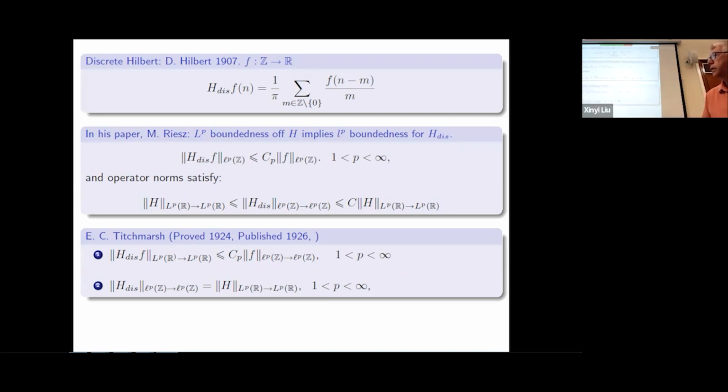The following year, Titchmarsh proved, by taking Marcel Riesz's proof and turning it around, the discrete version first. And then he concluded, by some other argument, that in fact they have the same norm. So that settled the issue, right?